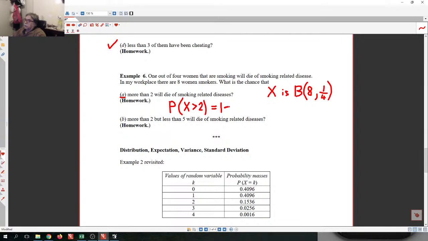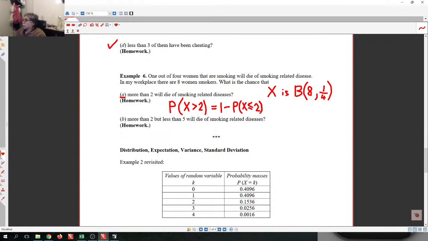Whatever I got for the complementary, I subtract from 1, and I get the probability I'm asking for. So the complementary probability is 0, 1, and 2. And how do you write that? You write that as no more than 2.